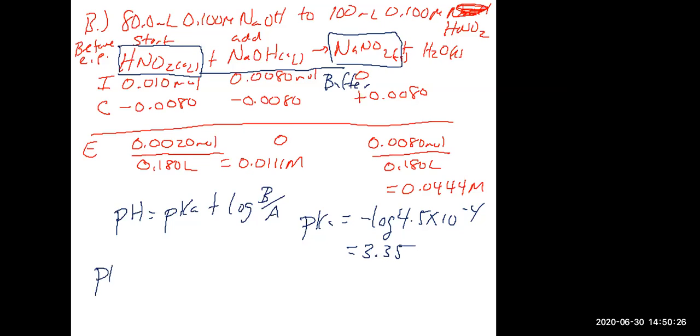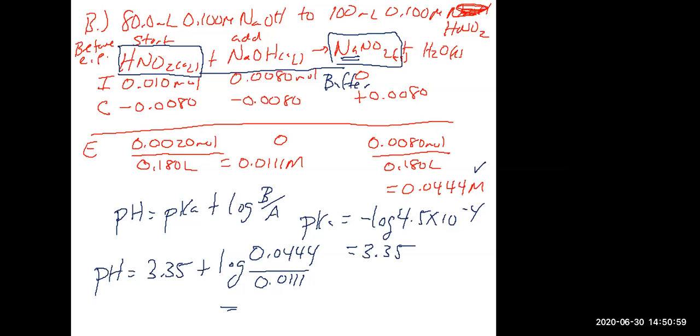That means the pH equals 3.35 plus the log of the base. The sodium nitrite, the one that doesn't have the extra hydrogen, is our base, so it goes on top. And our acid, nitrous acid, goes on the bottom. So that makes sense: 0.0444 divided by 0.0111. Take the log of it and add 3.35 to it.